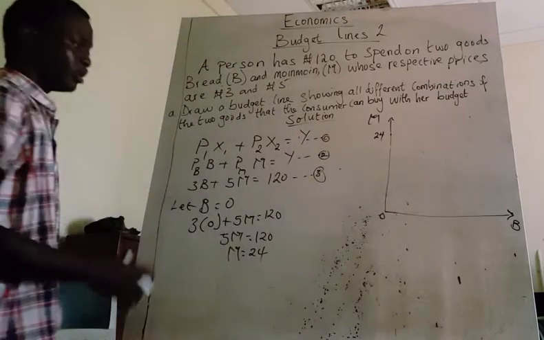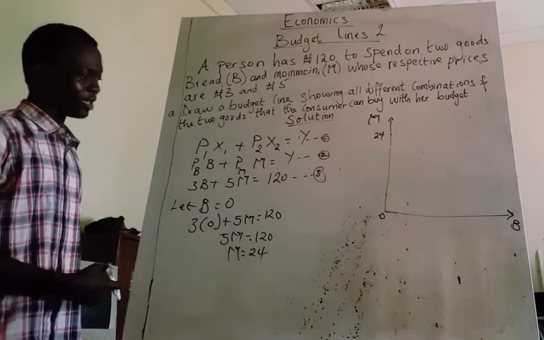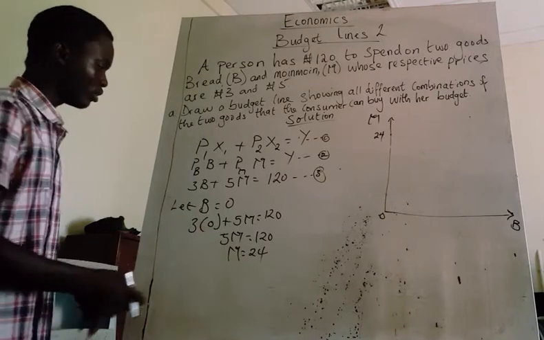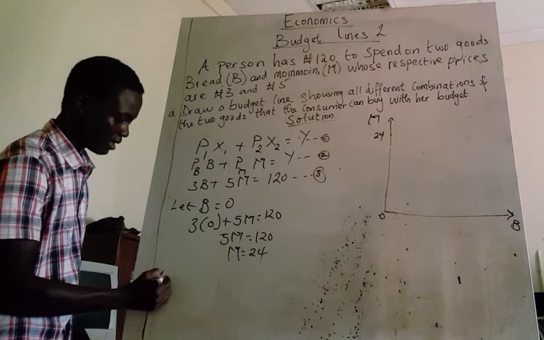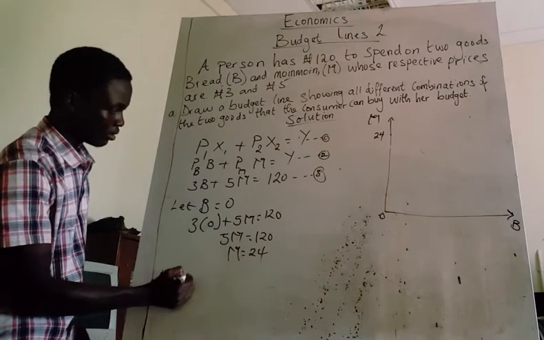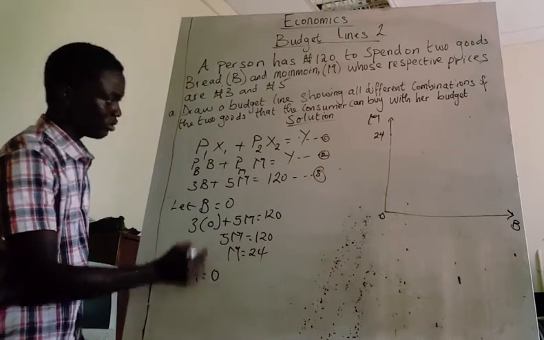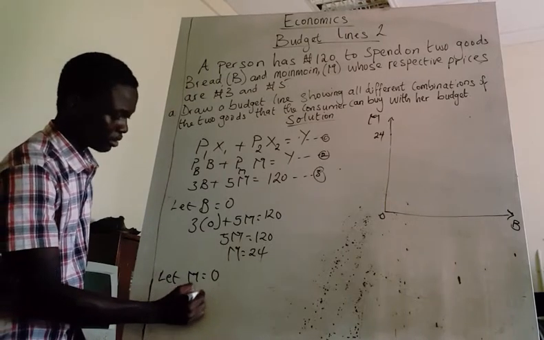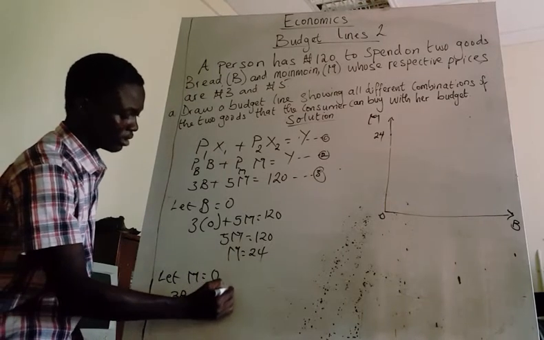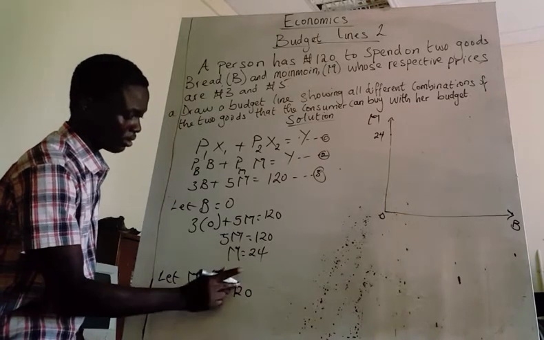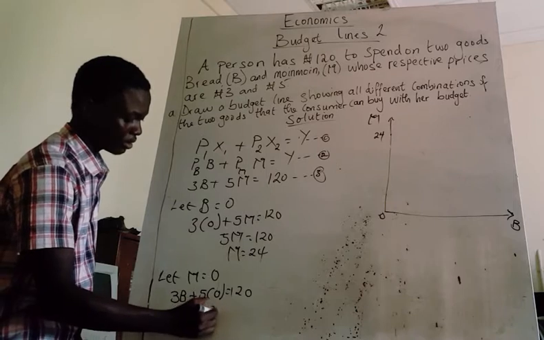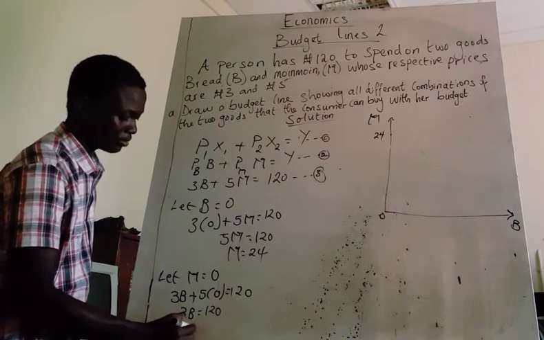Alright, so we do the same thing for bread. So we assume now that the consumer is spending all of his income on bread and nothing on moi moi at all. So what we just have to do is to say let M equals 0. So if M is 0, then we have 3B plus 5 into bracket 0 equals 120, then 3B equals 120, in such a way that B, bread, equals 40.